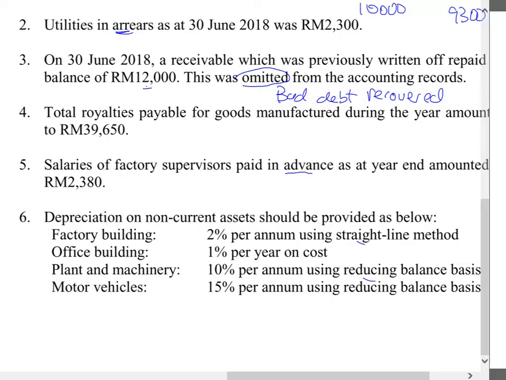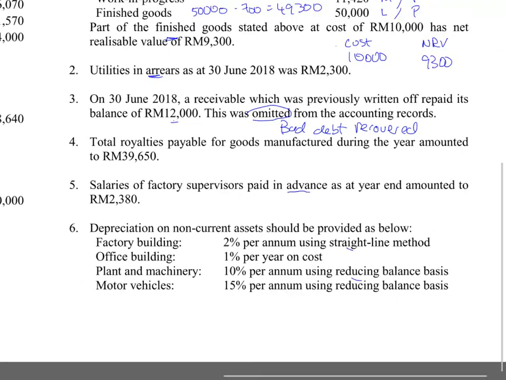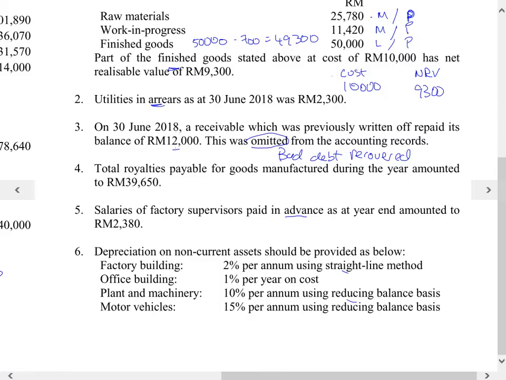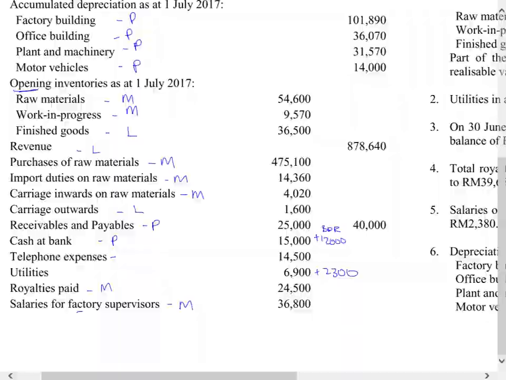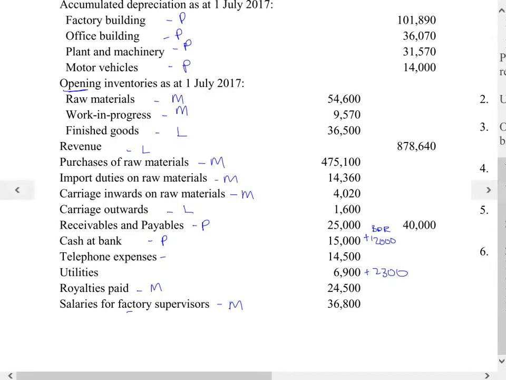Then total royalties. This one recording must settle everything. Total royalties payable means you haven't paid. No. You are supposed to pay 39. How much have you paid? Royalties 24. Must you accrue or prepay?